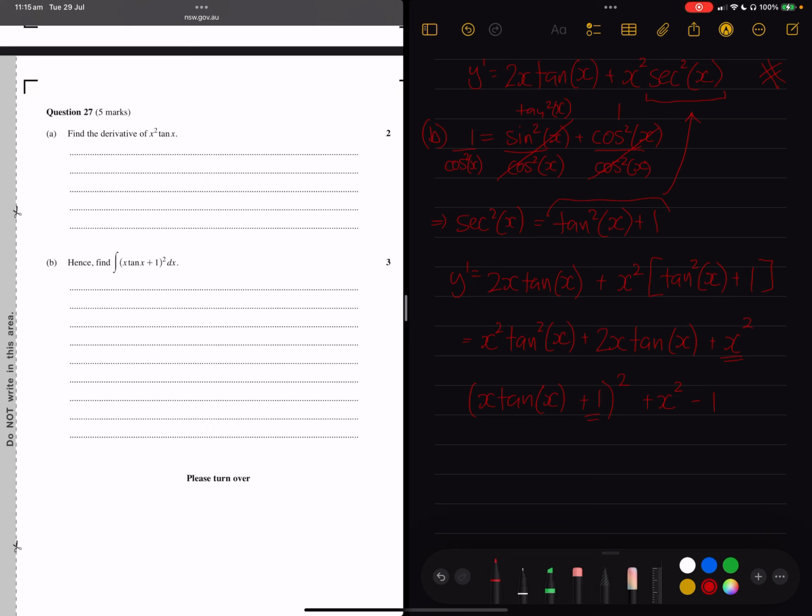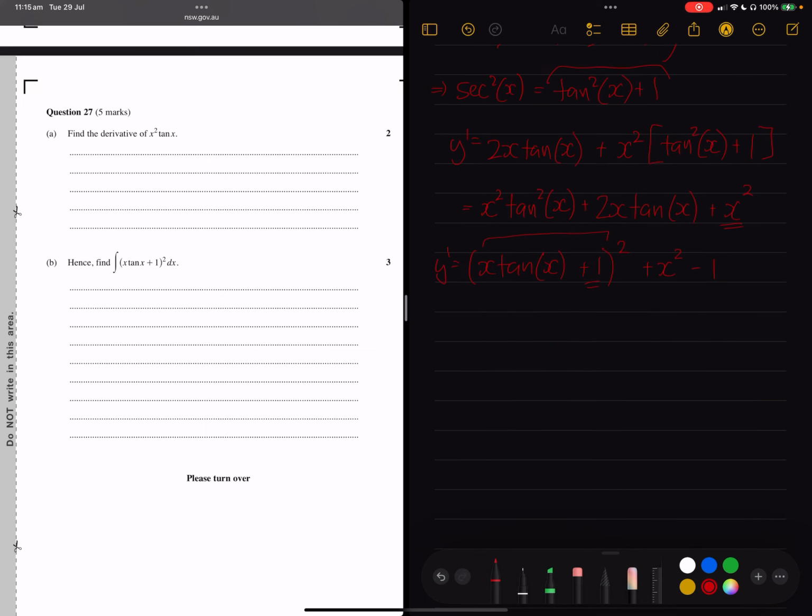So this thing in here, this is the thing in the integral, but we're just missing the x squared and the 1. So we know that when you took the derivative of the original function, it gave us this. This was the function we ended up with. So if we want to take the integral of this, we just need to remember to deal with this x squared and this 1, right?